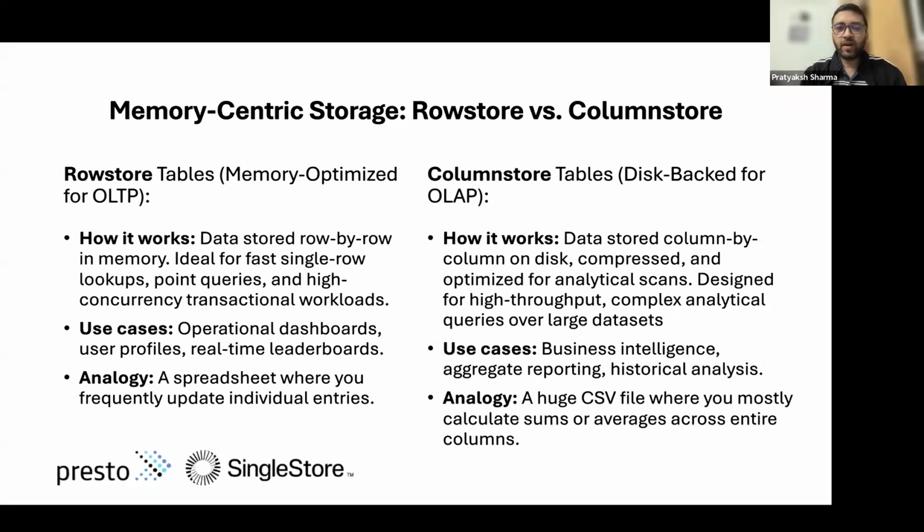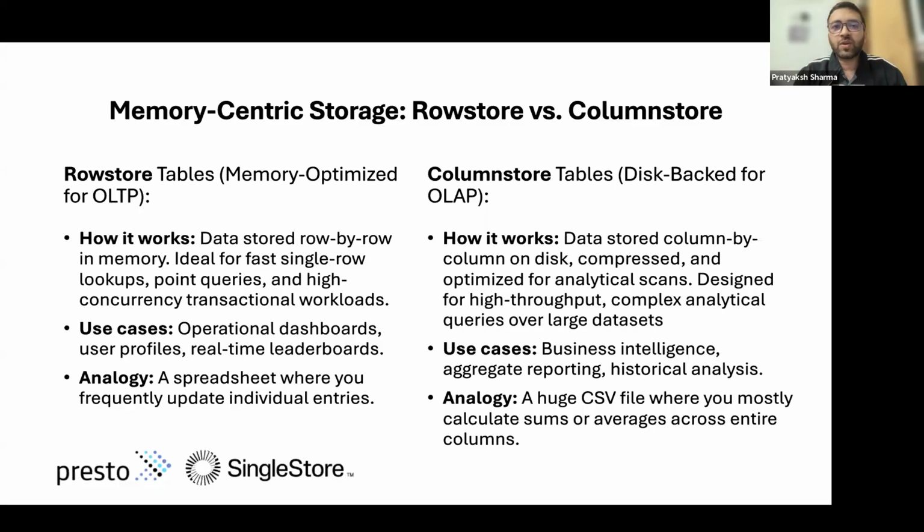Okay, so a couple of slides before, I was talking about the OLTP and OLAP kind of workloads, right? So let us try to understand that in a bit more detail. SingleStore basically has a tiered storage offering out of the box, right?